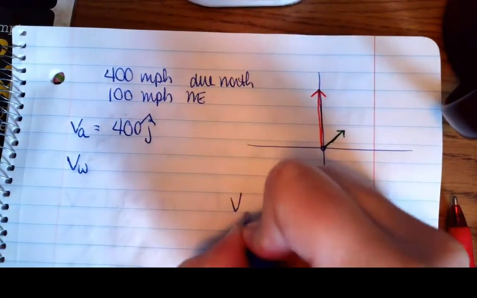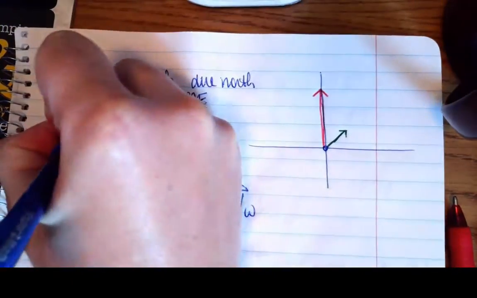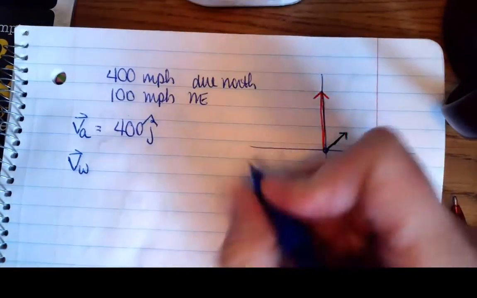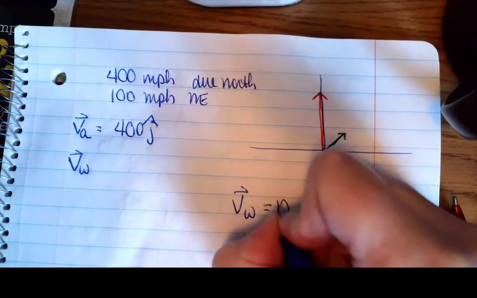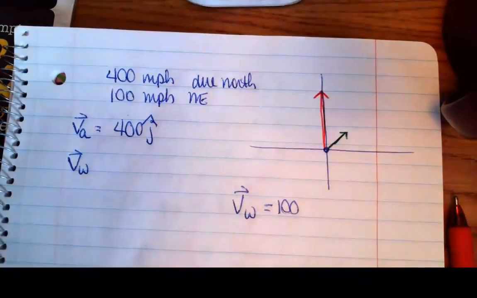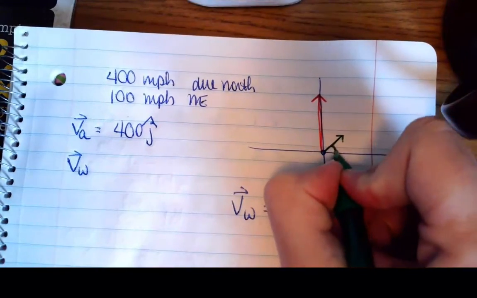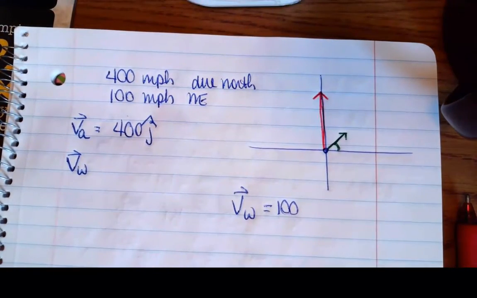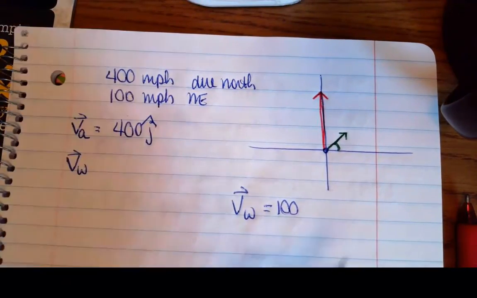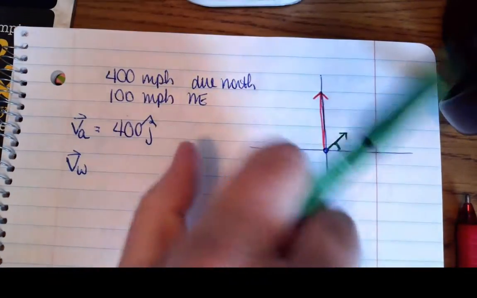Okay, so for the velocity of the wind, we are going to use the fact that we know it's 100 miles per hour, but we also know that this angle right here, because it's northeast, is 45 degrees. So it's 45 degrees from north, 45 degrees from east.